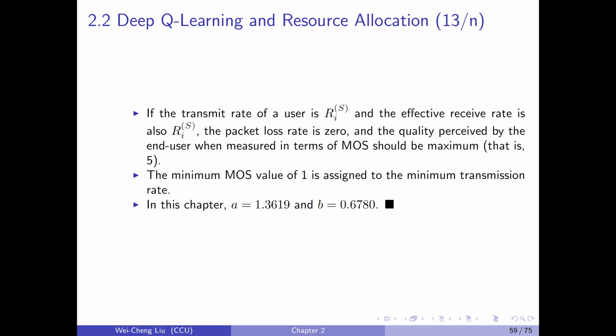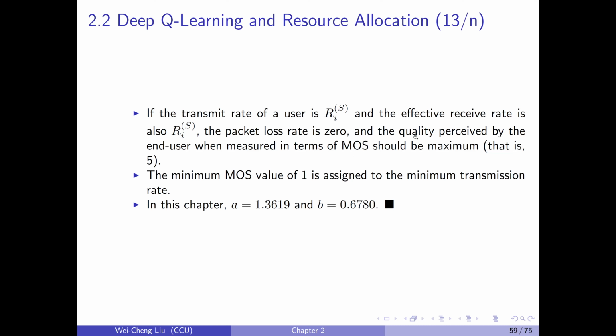Next page. If the transmit rate of a user is RIS and the effective receive rate is also RIS, the packet loss rate is 0. For example, if the transmit rate is 1 megabit per second and the effective receive rate is also 1 megabit per second, this means no packets are lost in the transmission, so the packet loss rate is 0.